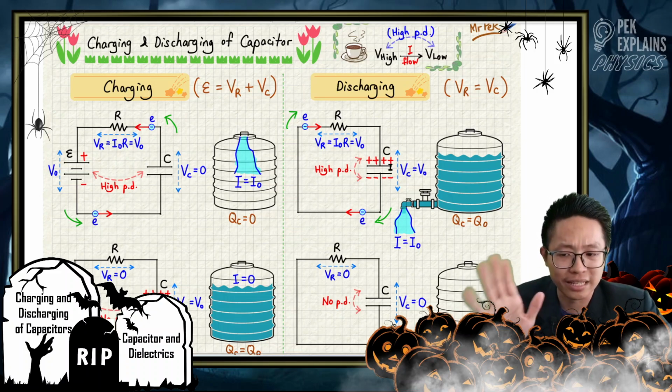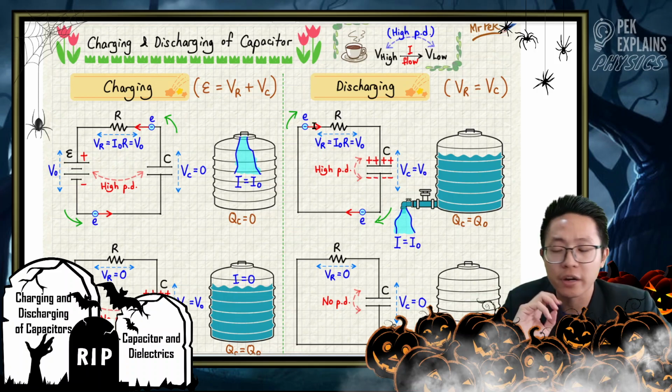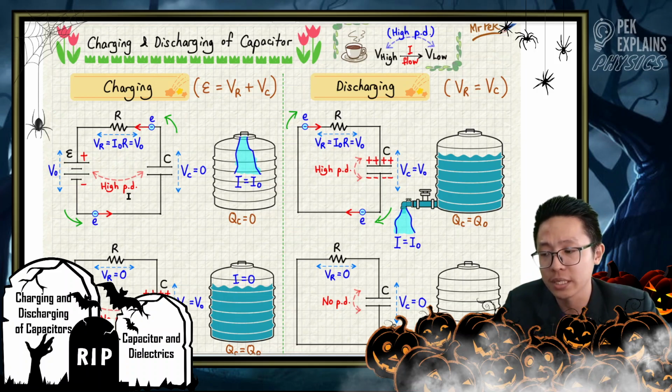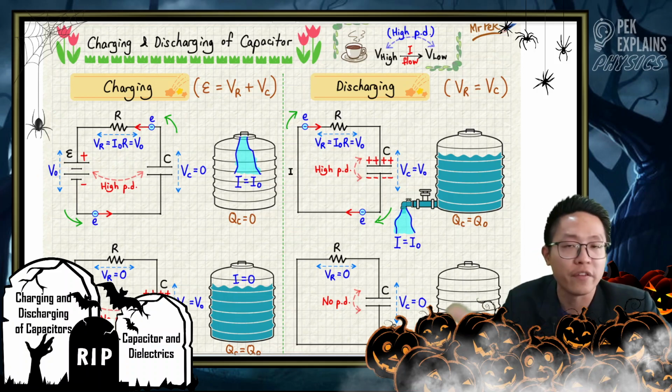So how about the current initially? Is the current flowing very fast initially for the discharging process? Of course, because now we are not comparing the capacitor with a battery. Last time we were comparing the capacitor with the battery, with a very high potential difference. Now we don't have a battery there.